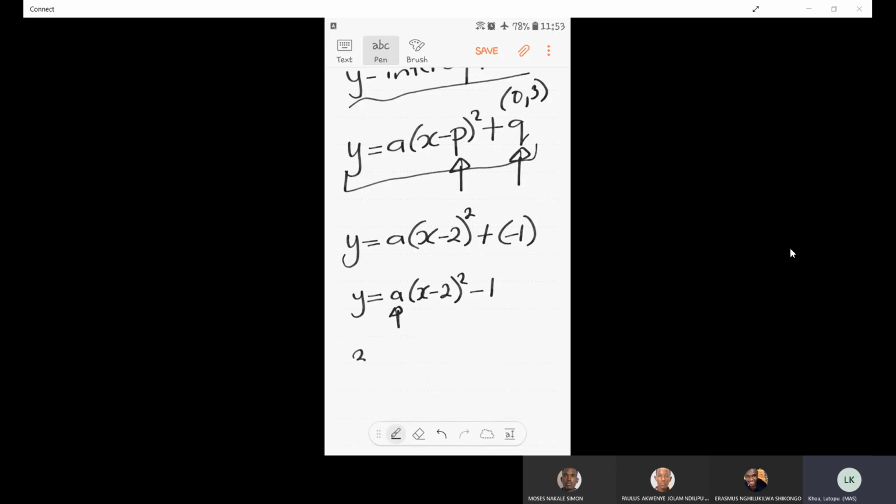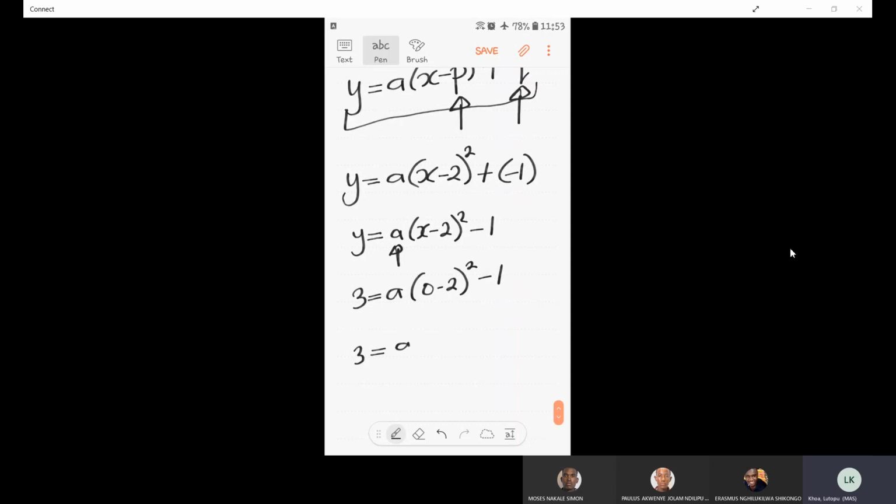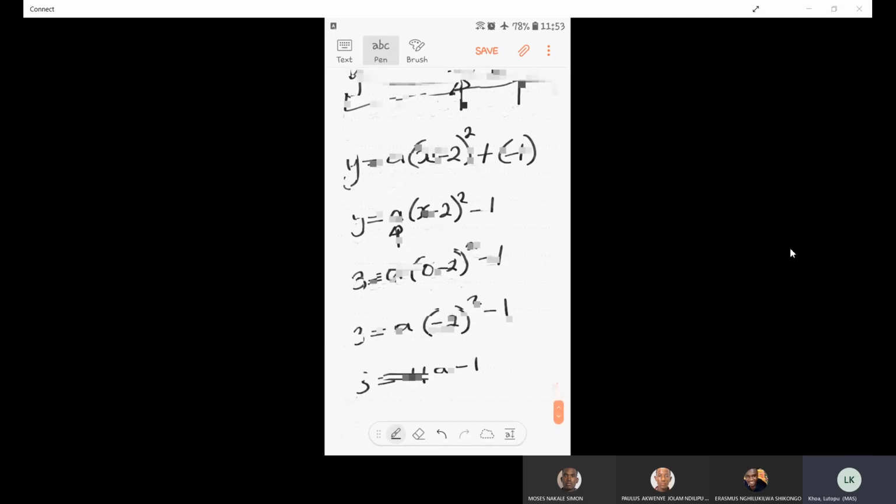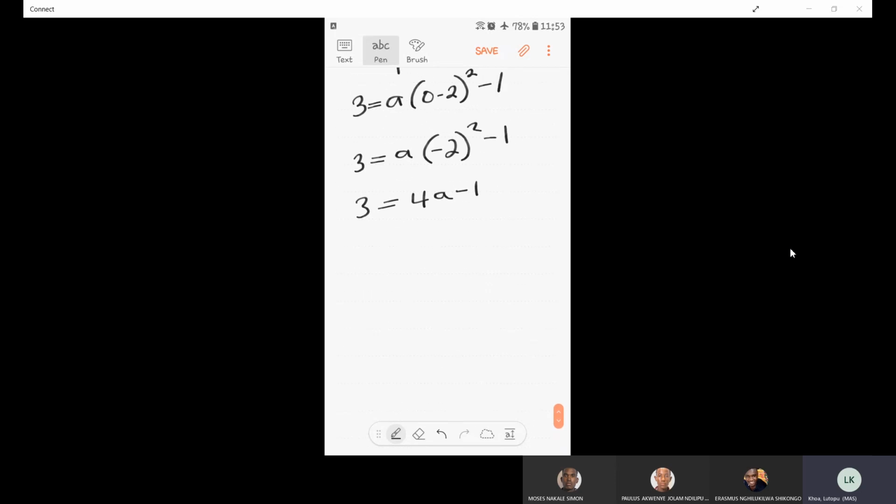So what we'll do is we'll substitute the x and y coordinates, the 0 and the 3 in there. So we have 3 is equal to a, (0 minus 2) squared minus 1. And then we solve for a. So I have 3 is equal to a, negative 2 squared minus 1. 3 is equal to 4a minus 1. Then what we do is we add 1 on both sides. We have 4a is equal to 4.